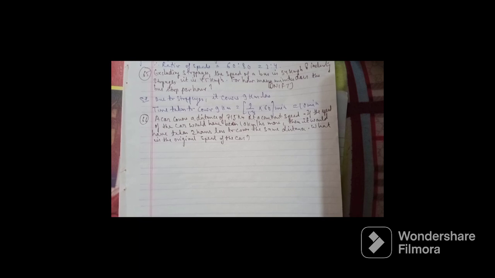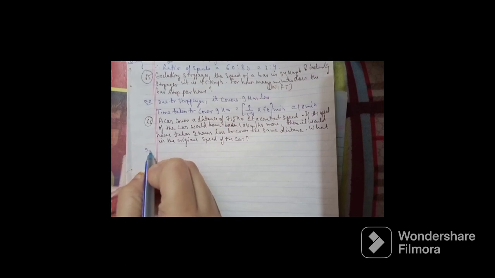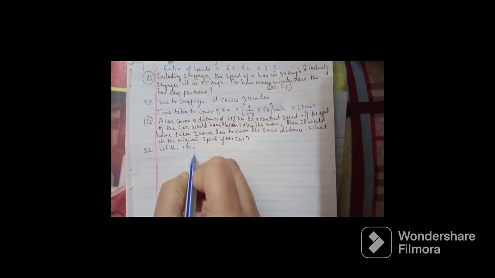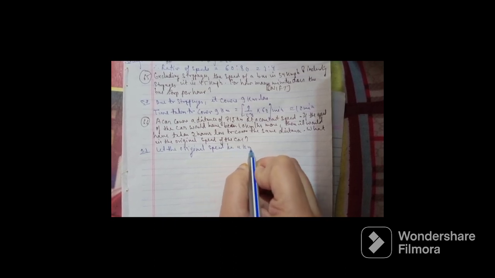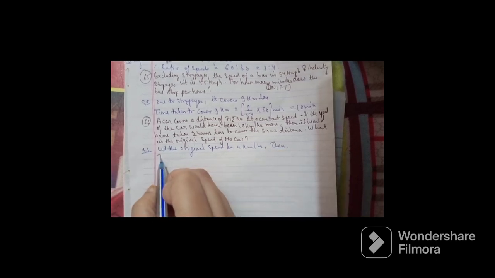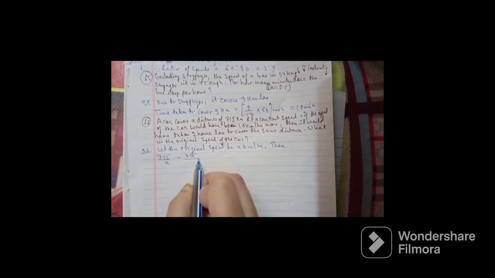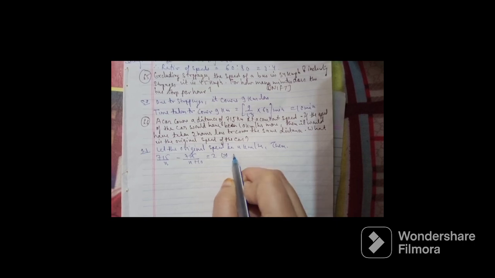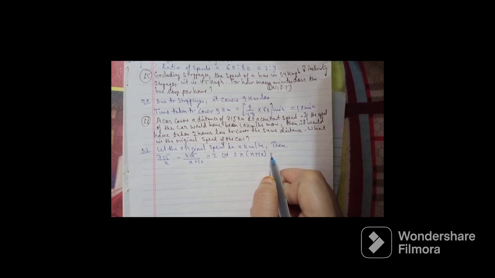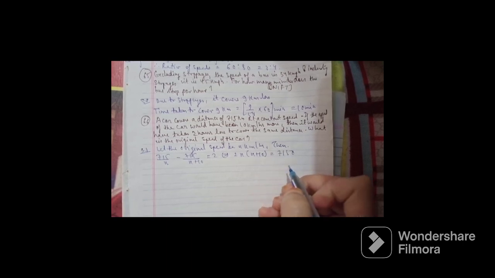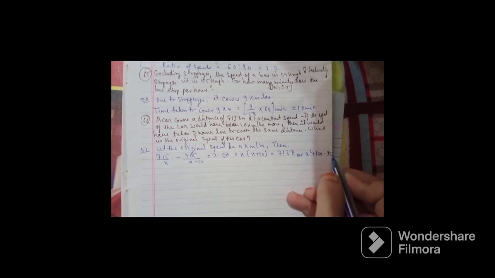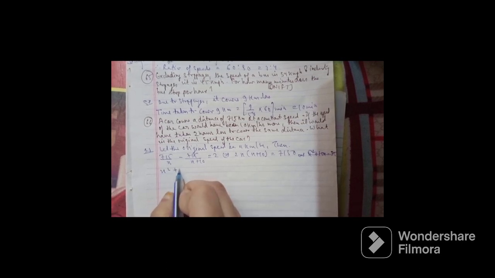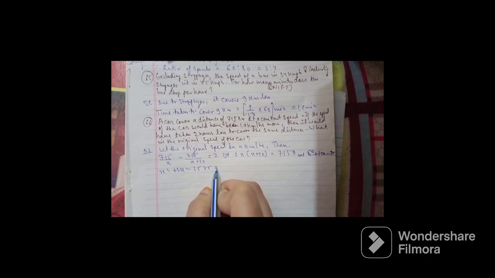So here we go. Let the original speed be x kilometers per hour. Then 715 upon x minus 715 upon x plus 10 equals 2. So x times (x plus 10) equals 7150, which gives x squared plus 10x minus 3575 equals 0.